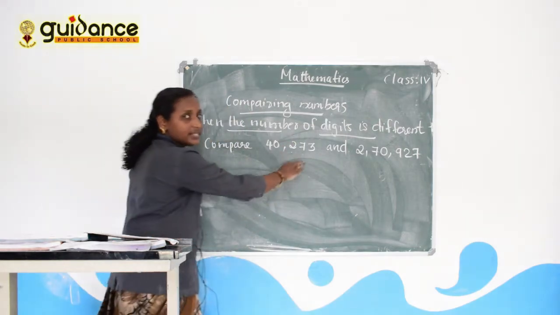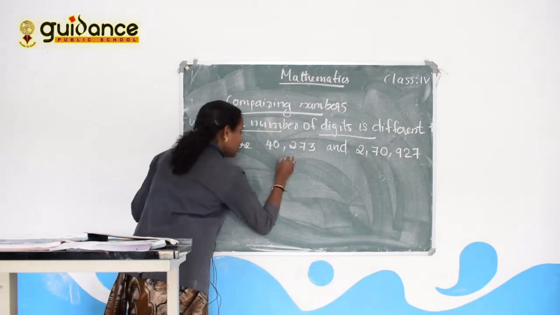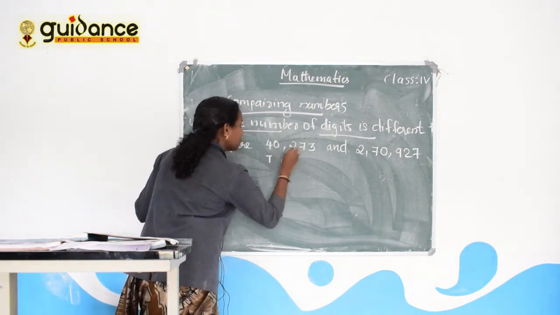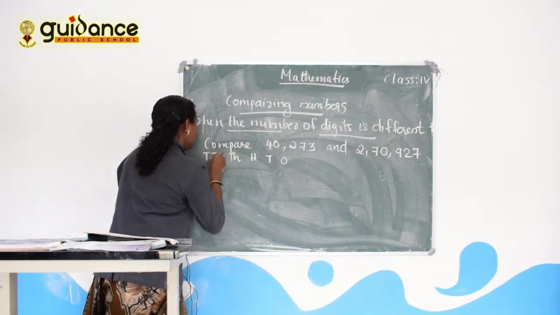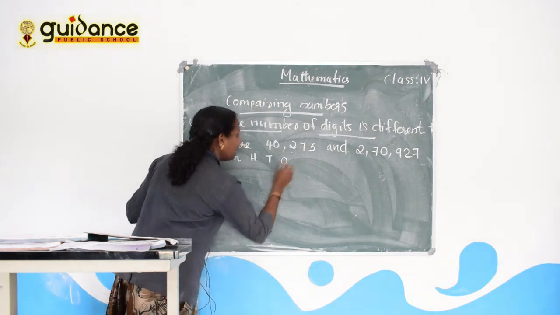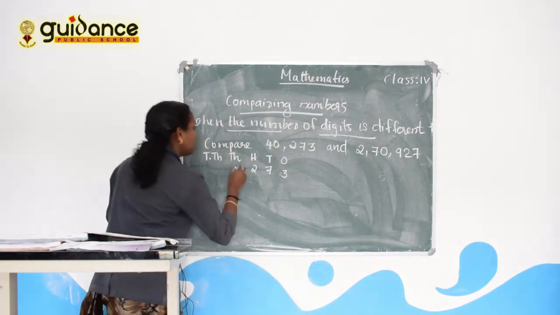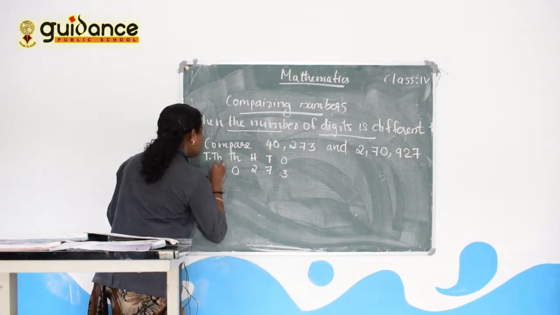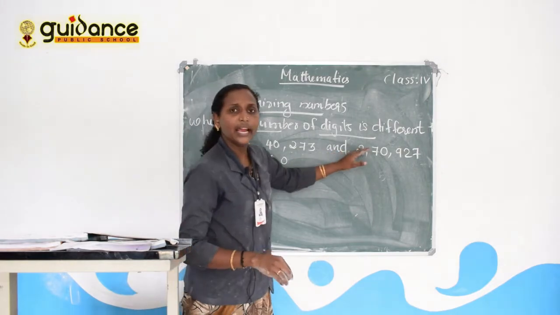Arrange the first number. It has ones place, tens, hundreds, thousands and 10,000 place. The ones place 3, tens place 7, hundreds place 2, thousands place 0, 10,000 place 4. Similarly write the other number.